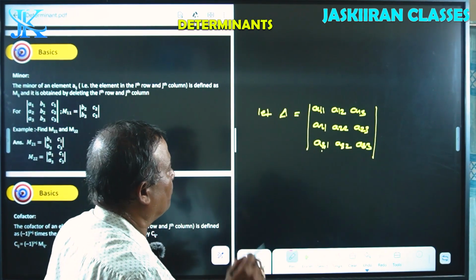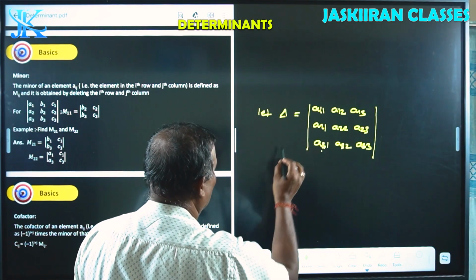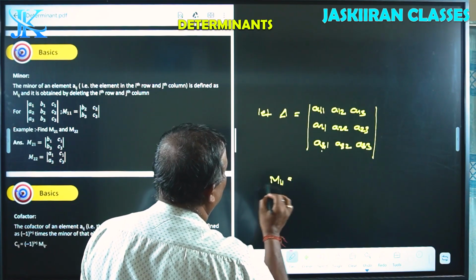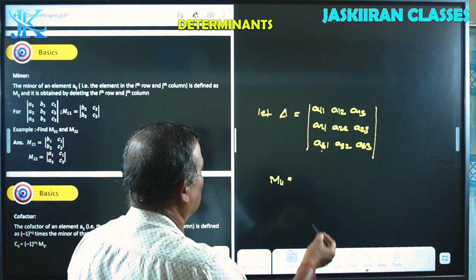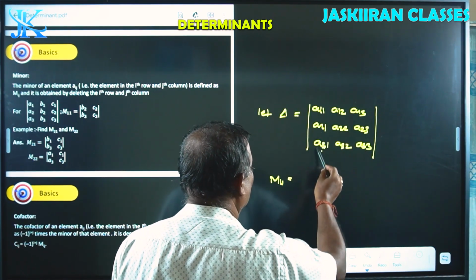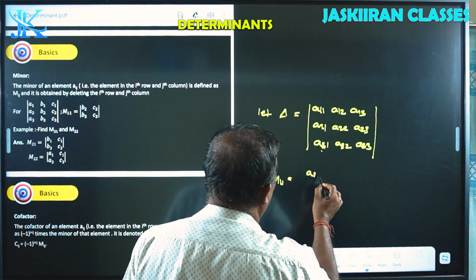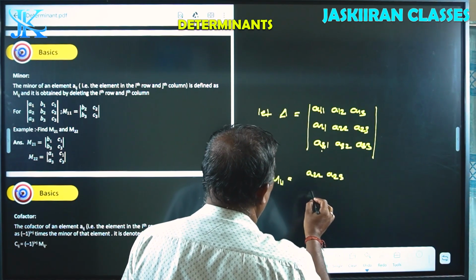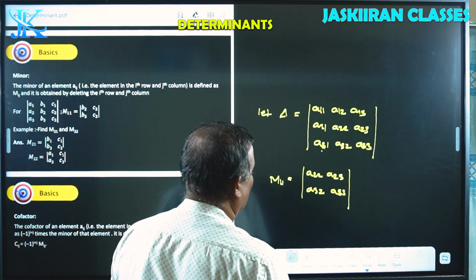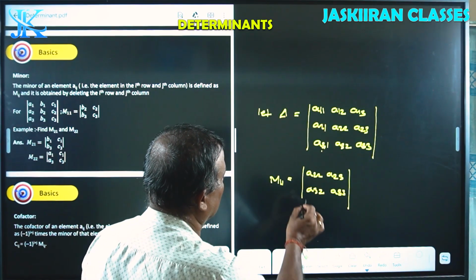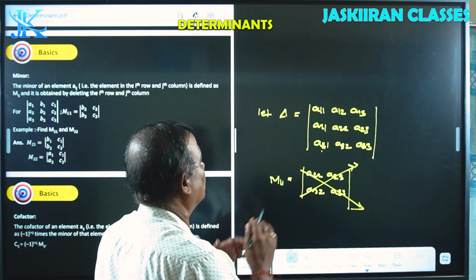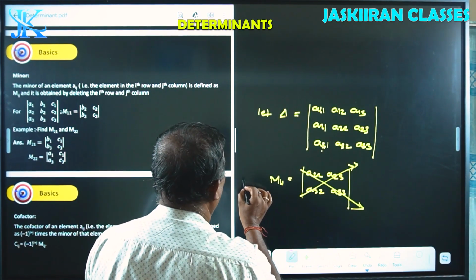Now we have to get the minor of A11, written as M11. For A11, we delete the first row and first column. That leaves A22, A23, A32, A33. The value of M11 is the principal diagonal minus the secondary diagonal.